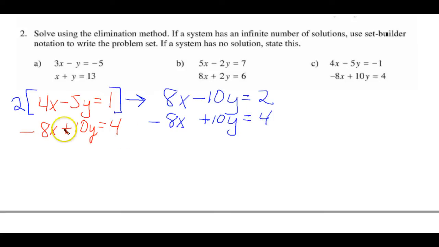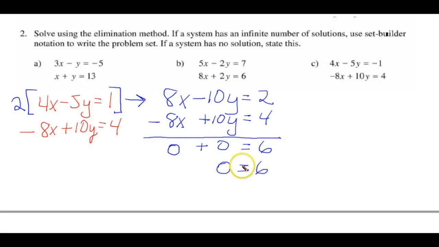Now you don't change the second equation, you just change the first one so that one of the terms will cancel out. But now when we put our line, we notice these cancel out and are 0. These cancel out and are 0. And this adds up to 6. And we get 0 equals 6.